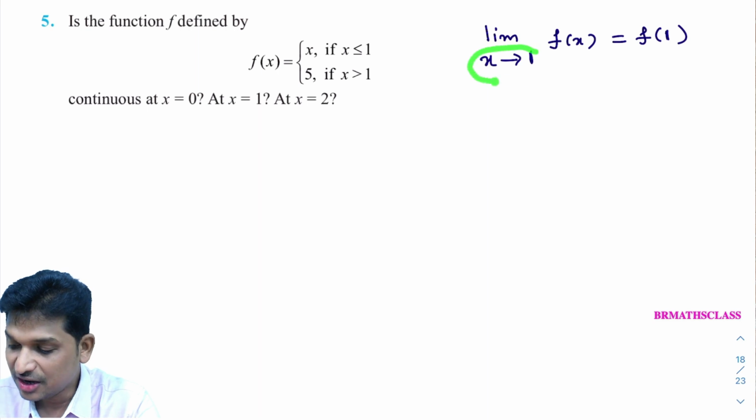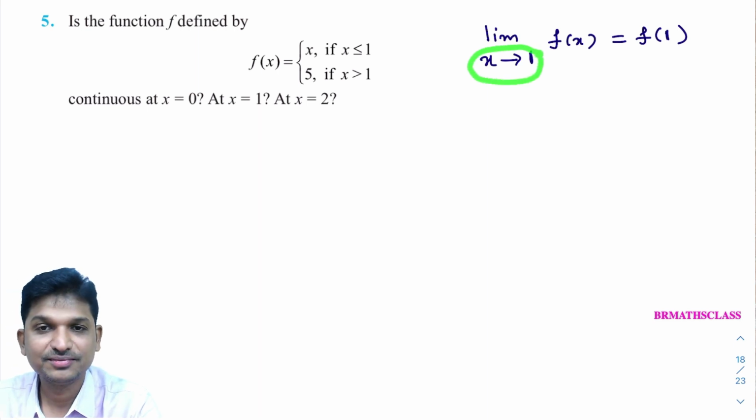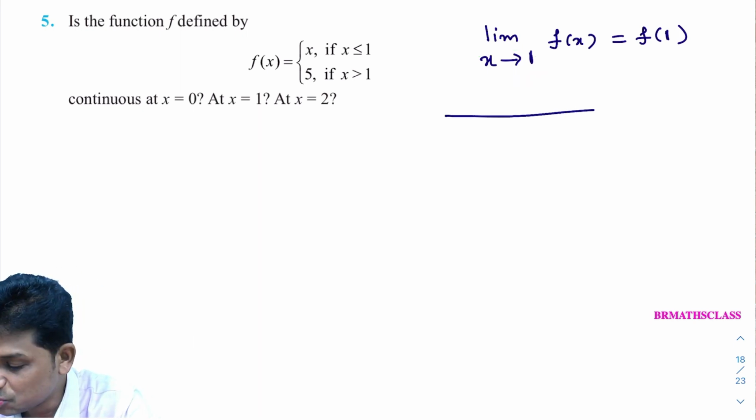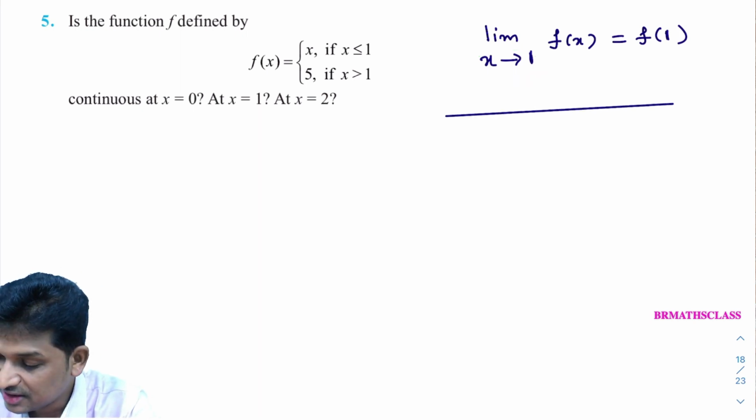Important point. X approaches 1 means what? I am asking you. X approaches 1 means all x values are slightly less than 1 or slightly greater than 1 but not 1. To understand this more clearly, I will draw this on the number line. Here this is 0, this is 1, this is 2.